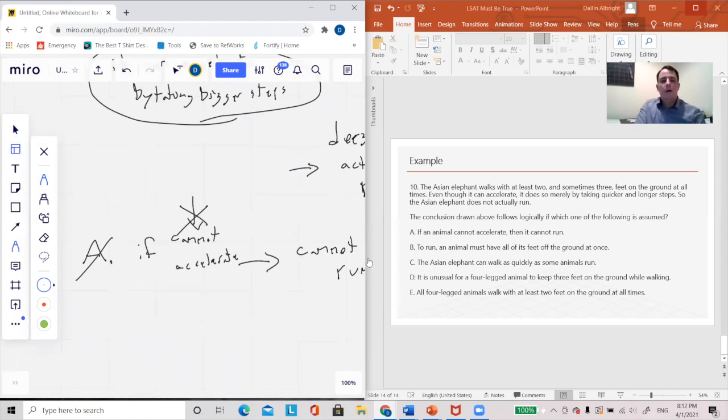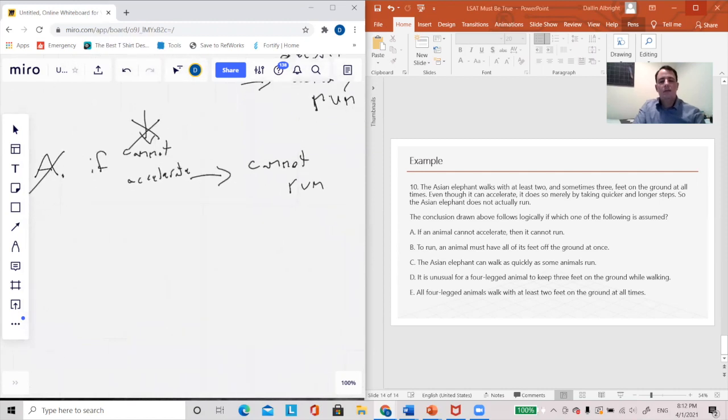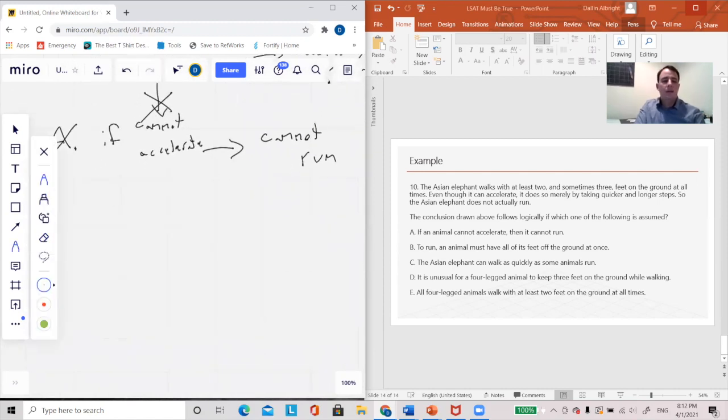And so we're going to move on to the next answer choice and see if it fits. Answer B says, to run, an animal must have all of its feet off the ground at once. And so I see from this, it uses that keyword "must."